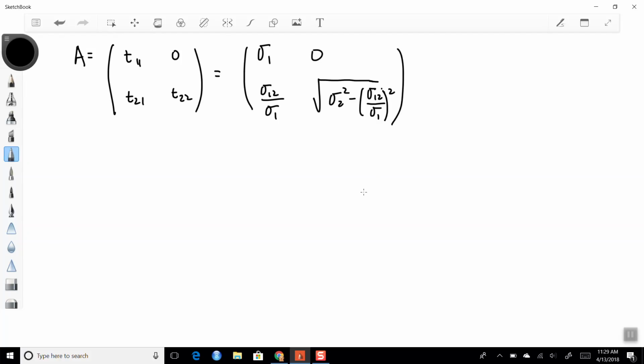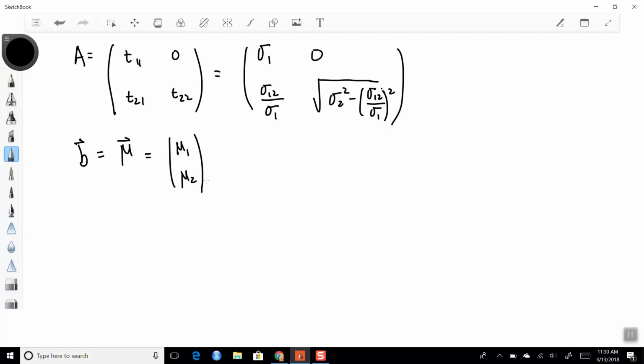Okay, so we have A is equal to that, and then we said our B vector is going to be equal to our desired mu vector, which will just be mu1 and mu2.